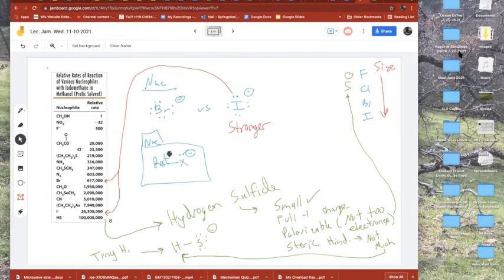The rest of it is where you consider steric hindrance. The bigger the atom with the negative charge that's going to react, the better, because it's more polarizable, it can reach out its electrons. But the rest of this you want small.